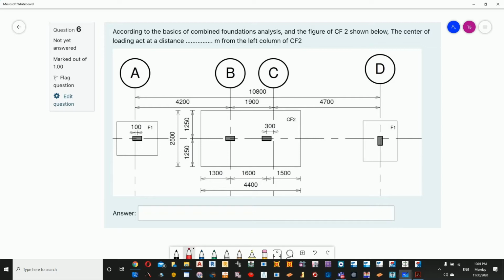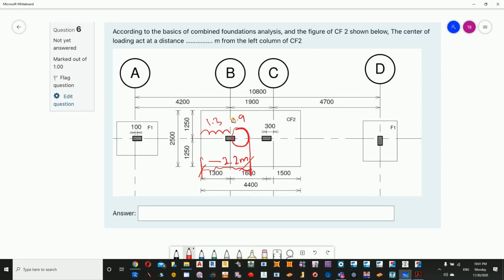It means my center of the foundation is at 2.2 and my center of loading is at 2.2. Now if this distance is 2.2 and this distance is 1.3, then we can calculate this amount, which is going to be 0.9.